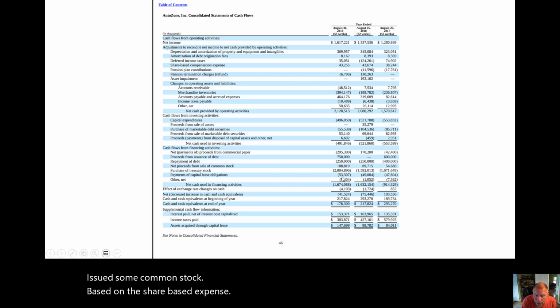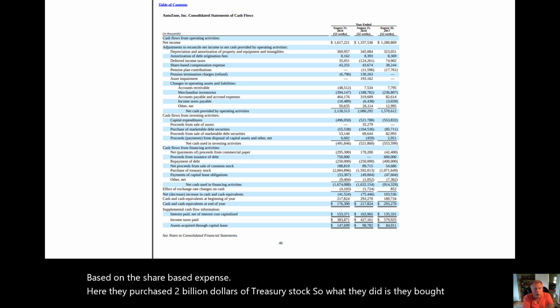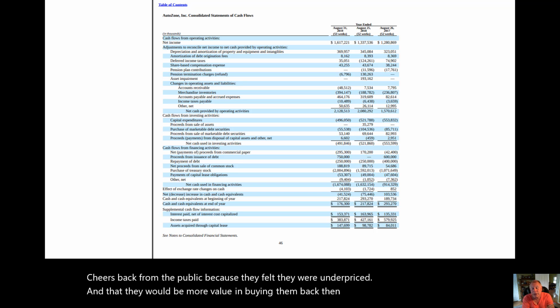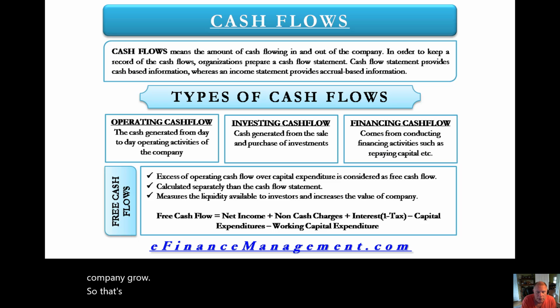But look at here, they purchased $2,000,000,000 of treasury stock. So what they did is they bought shares back from the public because they felt they were underpriced and that there'd be more value in buying them back than investing in things to make the company grow. So that's just an example there.